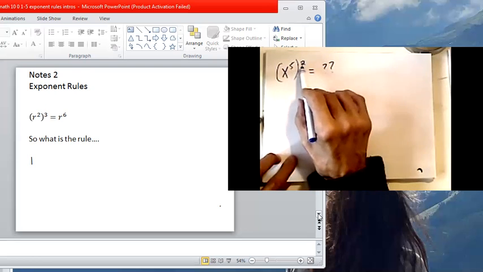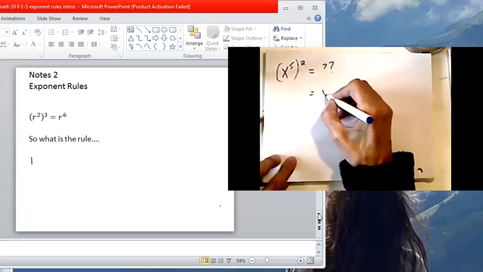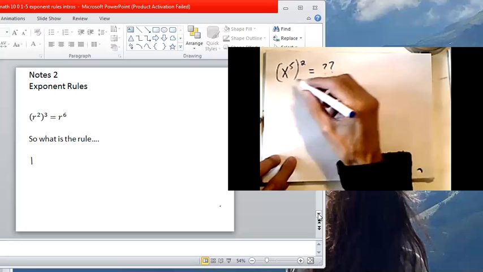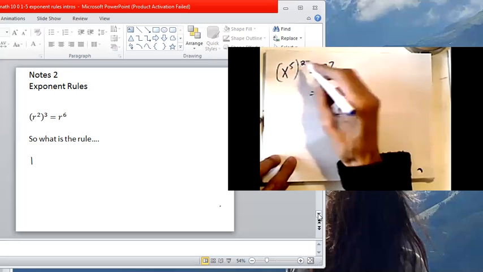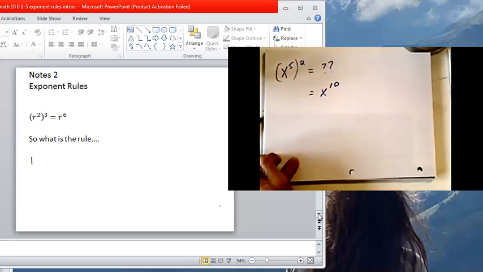Because of the situation, x to the 5 squared will be x to the power of 10.